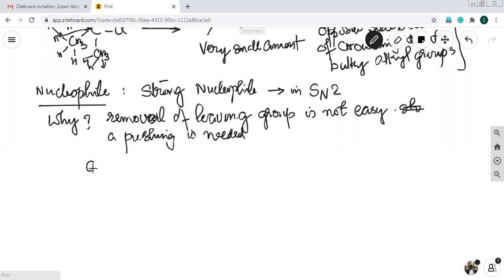See here, look at this mechanism, CH3Cl. Suppose the leaving group is leaving first. What you will get is CH3+ and Cl-. Suppose this is occurring, right? This is not stable.